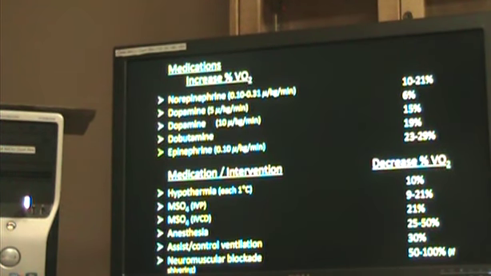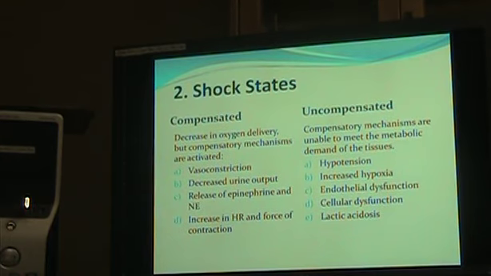As you can see, though, we can also decrease our oxygen consumption by decreasing the metabolic demands of the body, by hypothermia, for example, by anesthesia, by taking over ventilation, or paralyzing the patient. All things that will decrease the oxygen consumption because we're decreasing the metabolic demands of our patients.